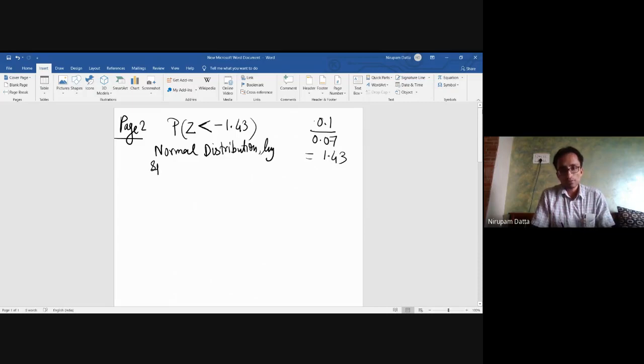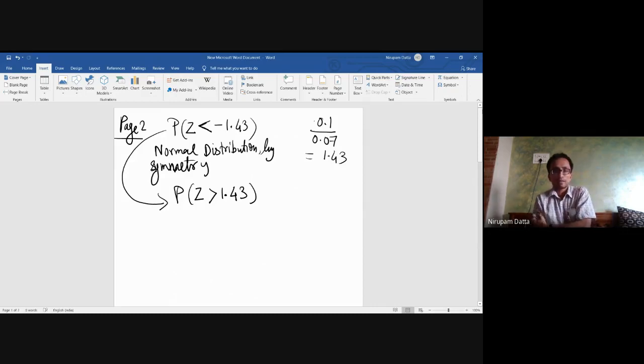Since a normal distribution is symmetrical, by symmetry we can write this as the probability that Z is greater than 1.43. We can write this further as 0.5 minus the probability that Z lies between 0 and 1.43.